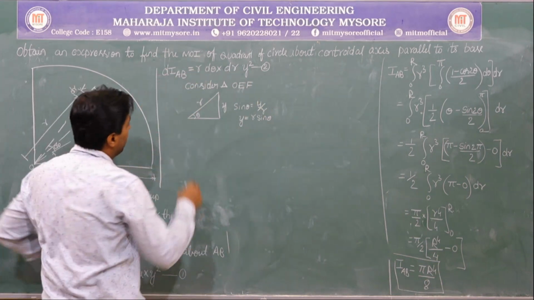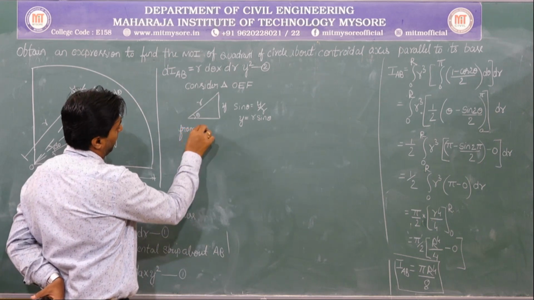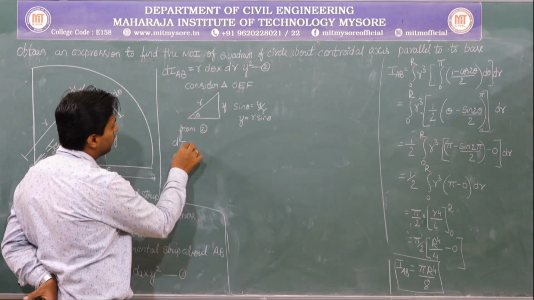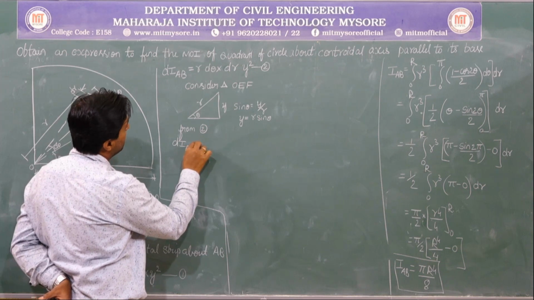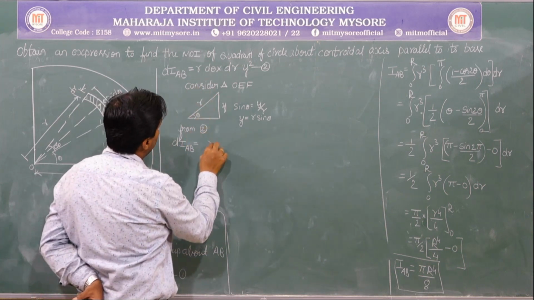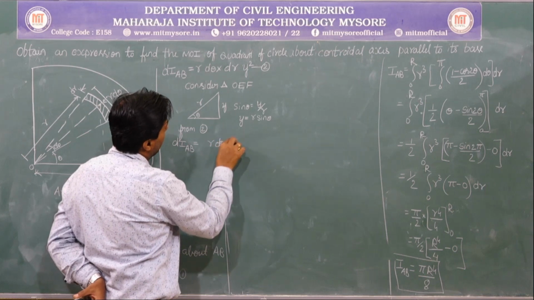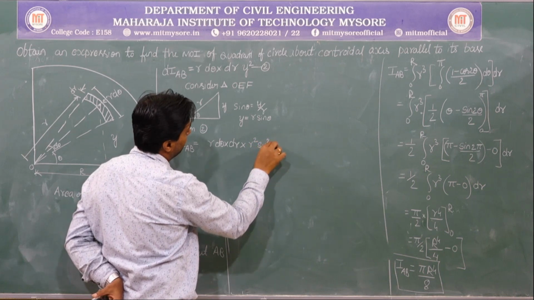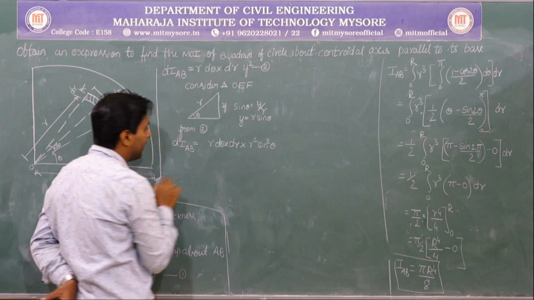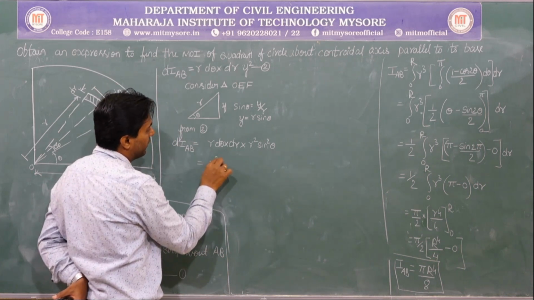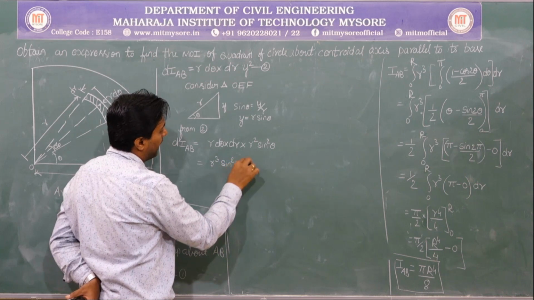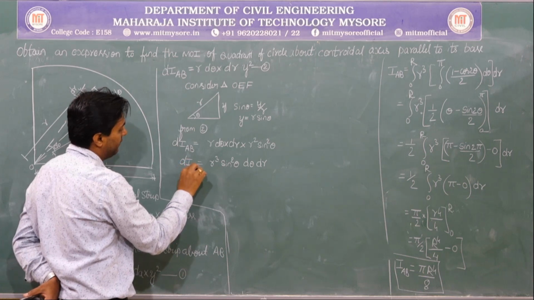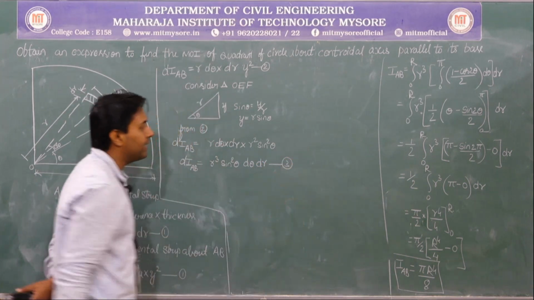So now let me substitute it into equation 2. dI_AB is equal to, everything is same, r into d theta into dr into, instead of y square it is r square into sine square theta. So let me rearrange it a little bit. So this will become r cube into sine square theta into d theta into dr. Let me call this as equation 3.